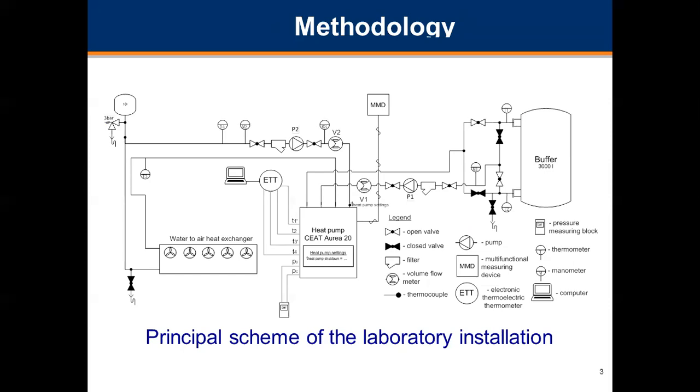The heat pump is reversible, which allows it to be studied in summer and winter modes. Water buffer is used as the heat source. The heat consumer is a two-stage water-to-air heat exchanger.